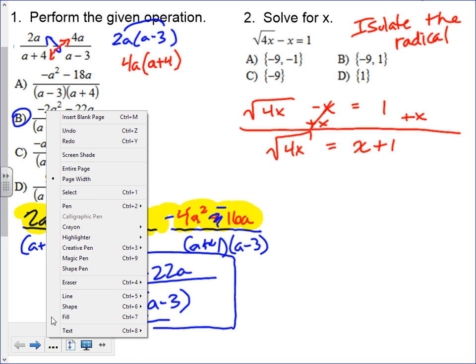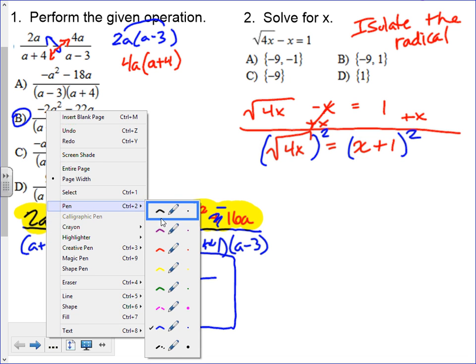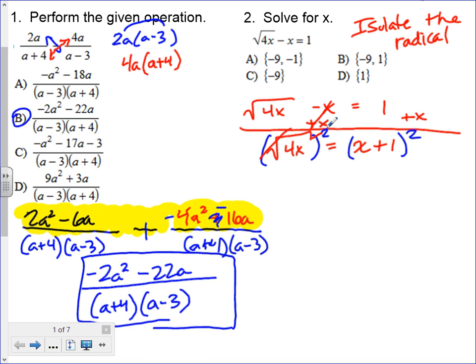All right. Good. Evelyn, what's next? Square them. Okay, I squared them. No. Evelyn, what does 3 squared mean?